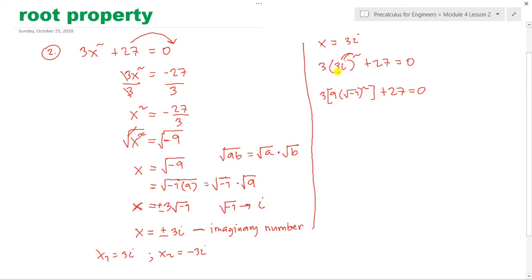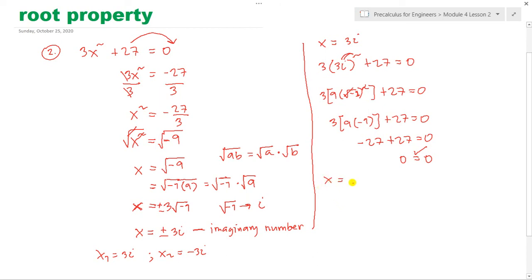So 3 becomes 9 because 3 squared is 9. Since the square root of -1 raised to the power of 2, the exponent and the index are the same, they cancel, and what's left is 3 times 9 times -1 plus 27. So 9 times -1 is -9, times 3 is -27, plus 27, that is equal to 0. So here, 0 is equal to 0. Therefore, our first solution, the imaginary number 3i, is correct.